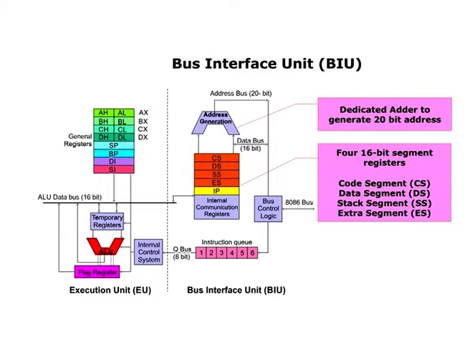That means the physical memory is continuous, but it has been divided into logical segments. Now two segments can also overlap with each other. A single segment is of a maximum of 64K size.